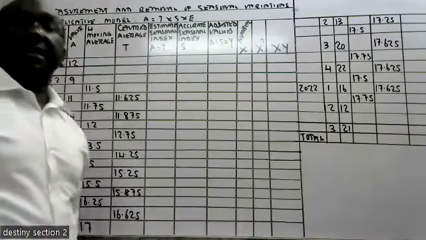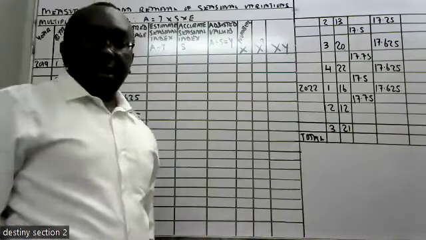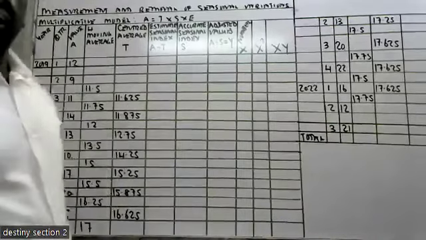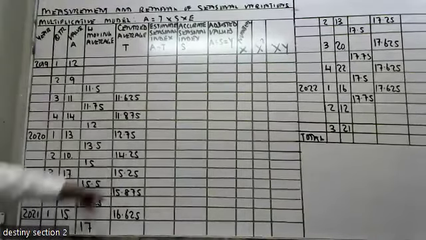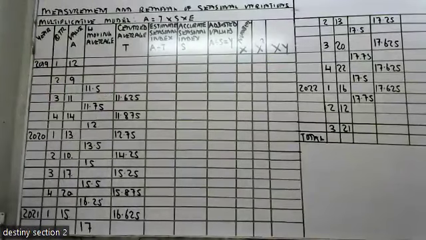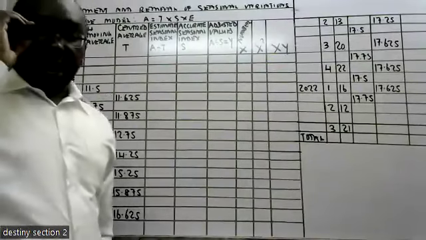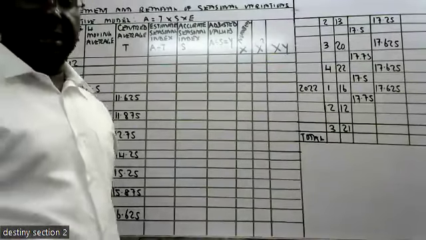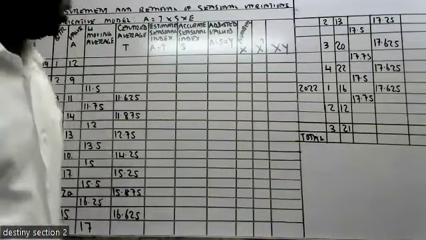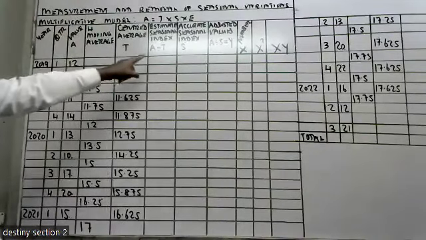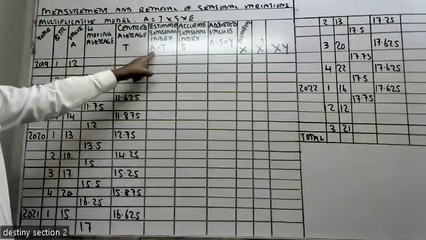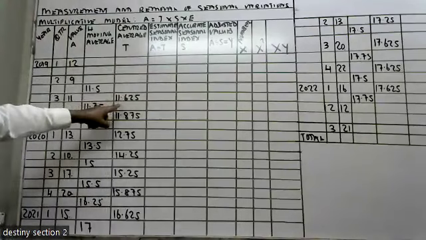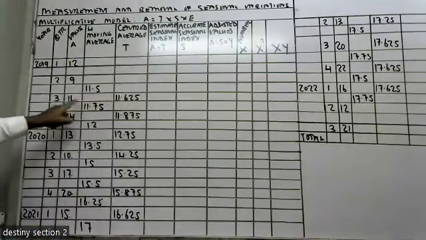Once you have centered, the next thing now is to get the estimate seasonal index. The estimate is obtained like this. The formula says A divided by T. Where we have T, you look for the A. A is 11.